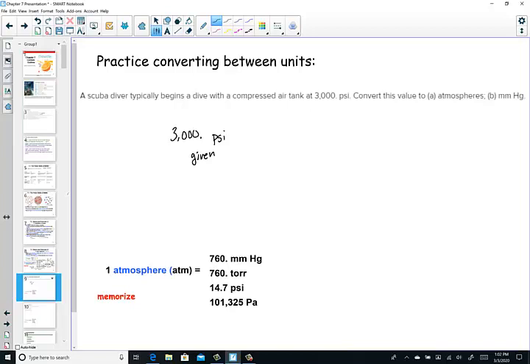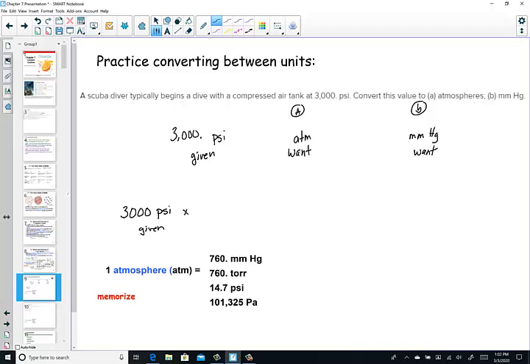Convert this value to A, atmospheres, and then B, to millimeters of mercury. So we have two conversions, a letter A and a letter B. Given pounds per square inch, let's find it in atmospheres, and then we'll find it again in millimeters of mercury. So just as usual, we start by writing what our unit is that's given.